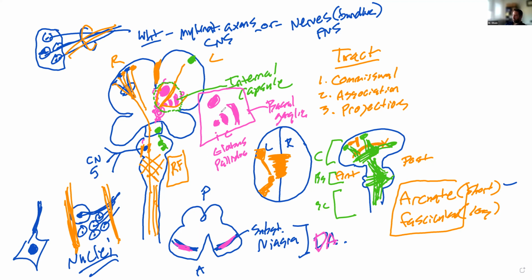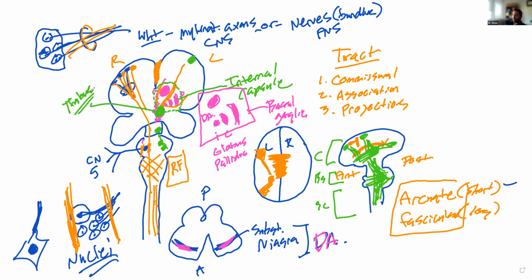Dopamine is being used in multiple different pathways for your basal ganglia to communicate with each other and ultimately send a signal to your thalamus.